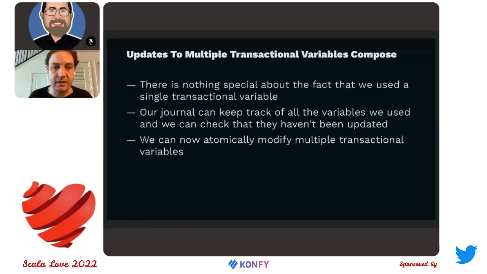Nothing of this logic of the journal or checking the journal or keeping track of this transaction was limited to one variable. And so if I reference multiple variables, I can keep track of all of them in my journal. I can go back and check their values immediately before I commit this. I can retry it if I need to. And so this lets us solve that problem of being able to update multiple pieces of state, multiple references, in a consistent atomic way here.